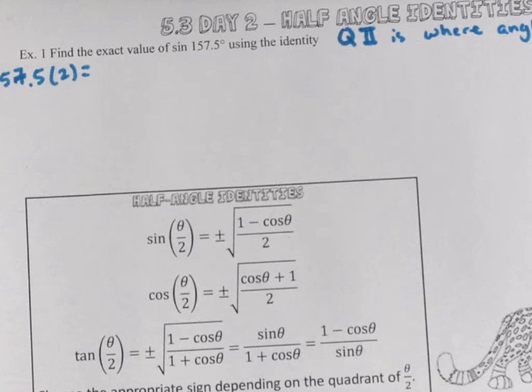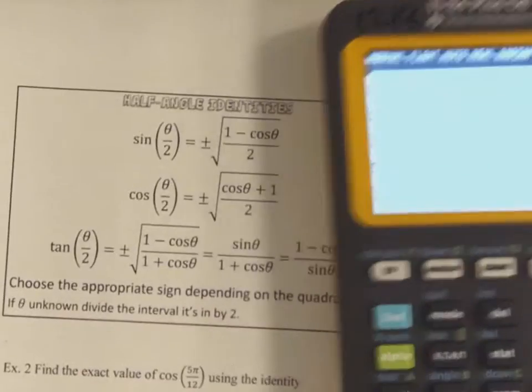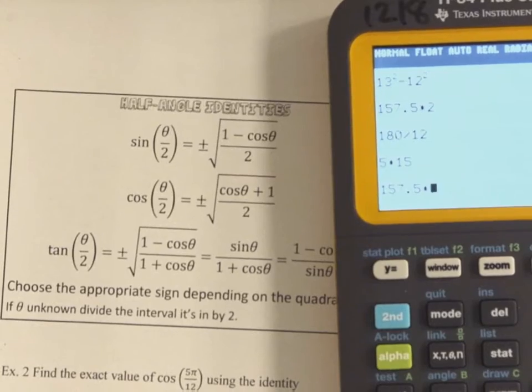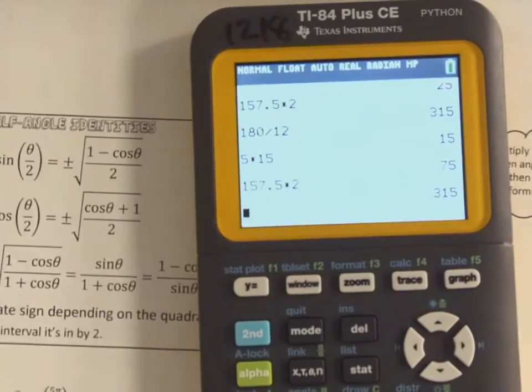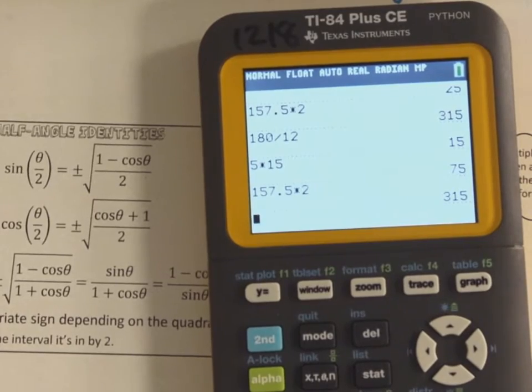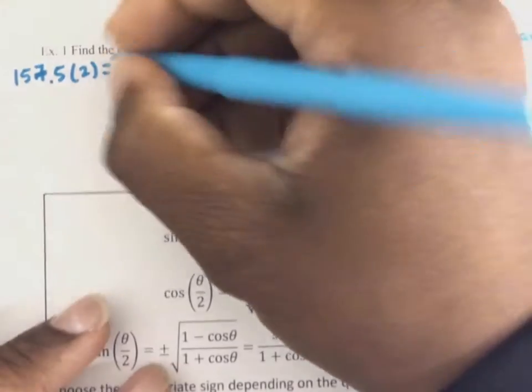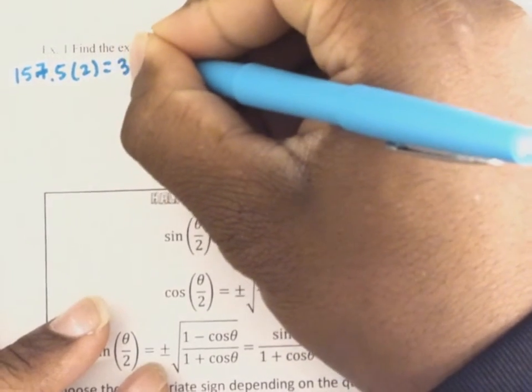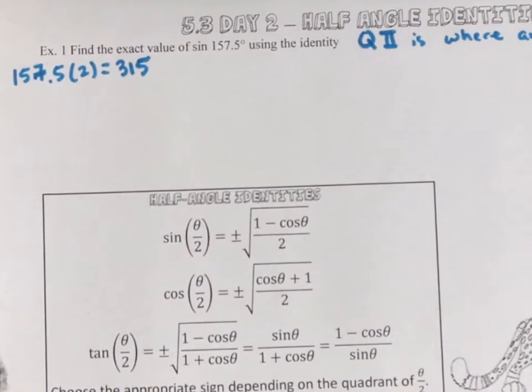Yeah, you're right, 315. So 157.5 times 2, and like Drew said, I get 315. So do we know where 315 is on the unit circle? Yes, we do. So we can use those exact values. This is the angle that I'm going to use for my formula. So I multiplied these two together and I got 315.